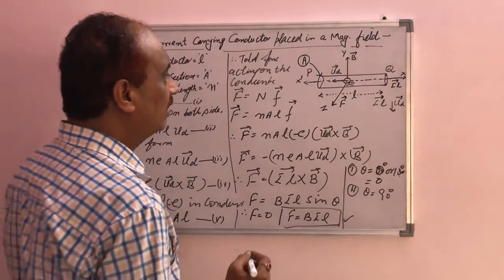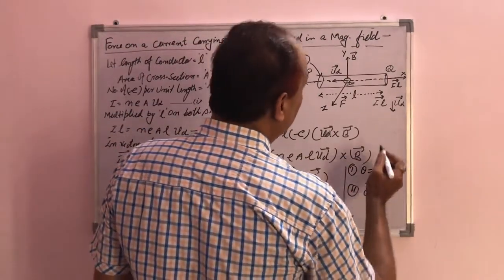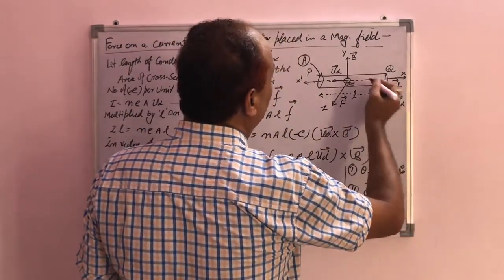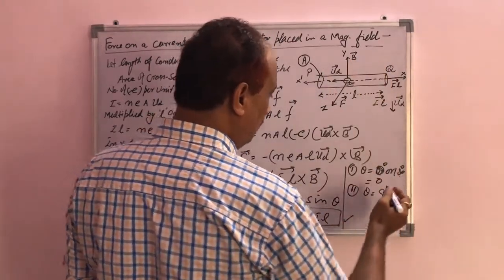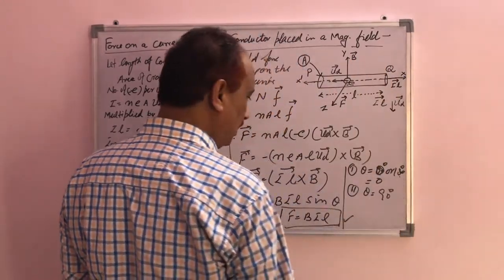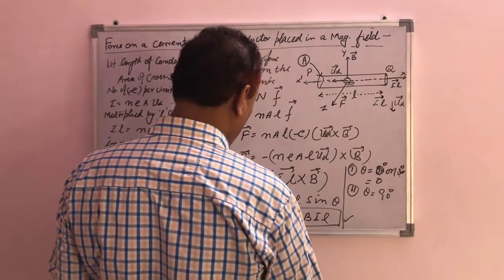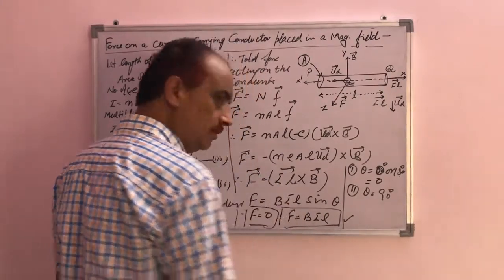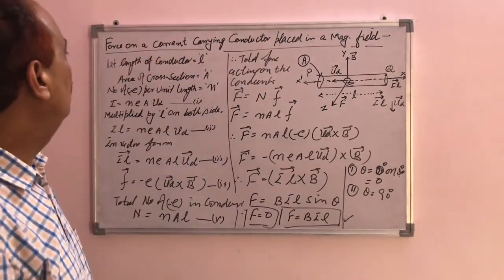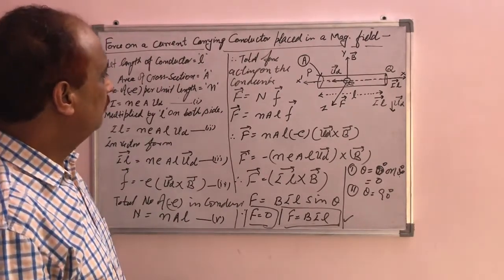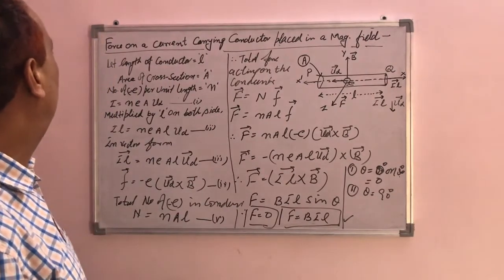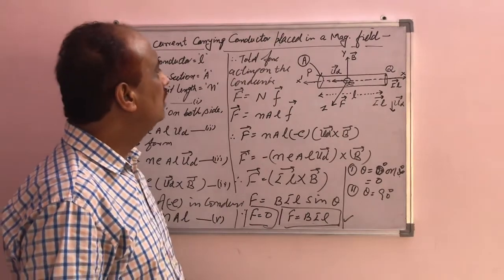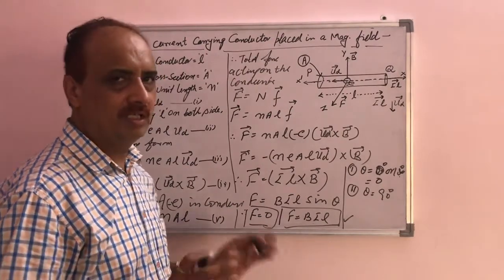But if the angle between the IL component and the B component is 0 or 180 degree, then the force will be equal to 0. So in this article we have discussed the force on a current carrying conductor placed in a uniform magnetic field.